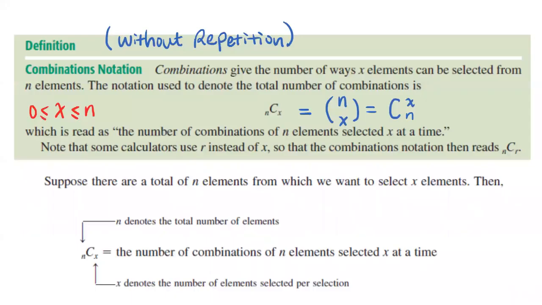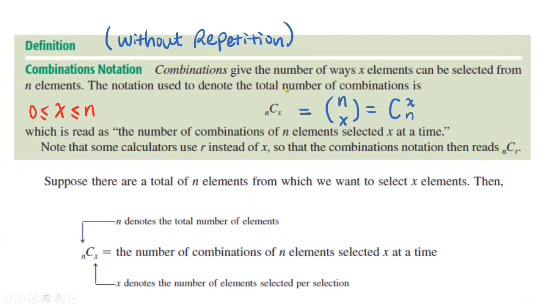First, let's see the definition of combination without repetition. Combinations give the number of ways x elements can be selected from n elements. The notation used to denote the total number of combinations is Cnx, or brackets nx, or Cnx.